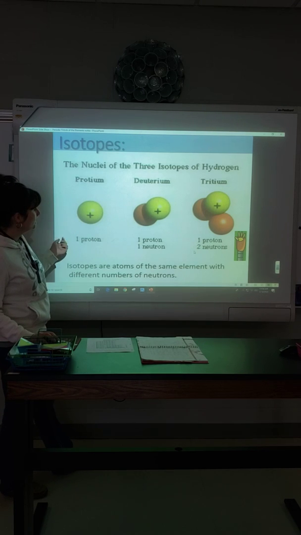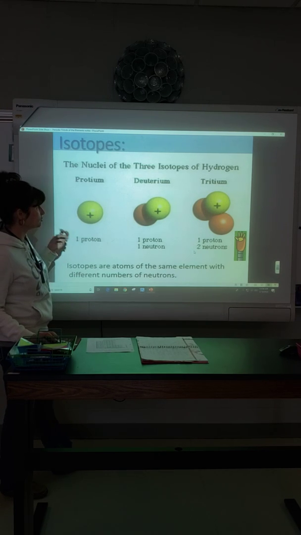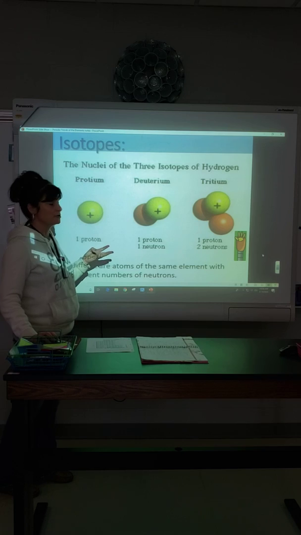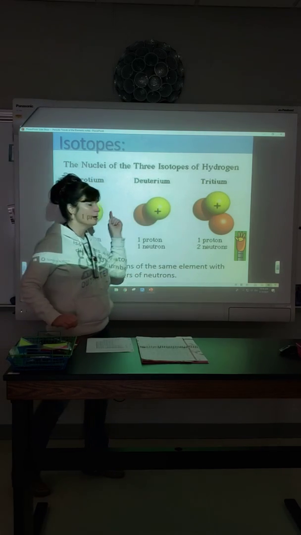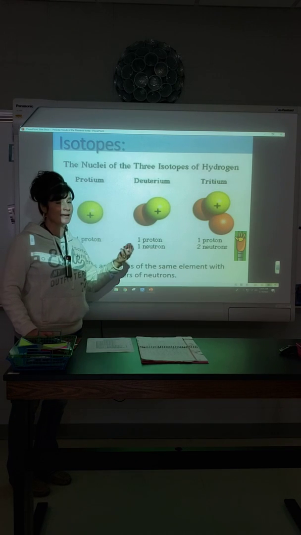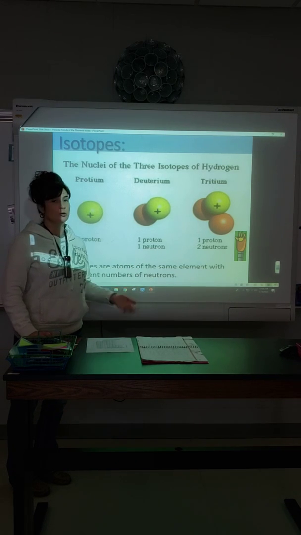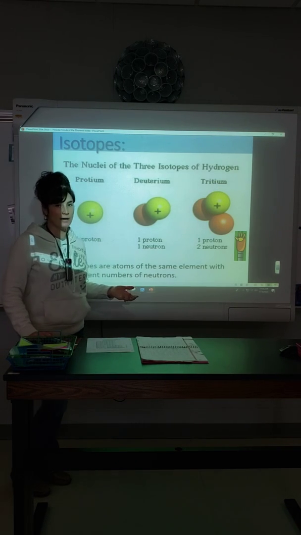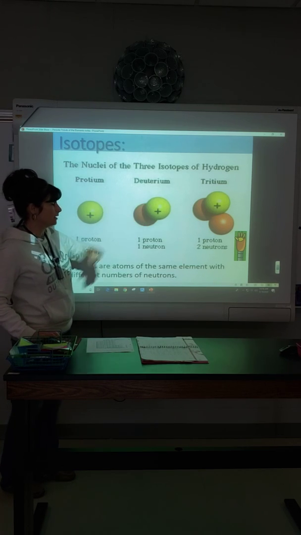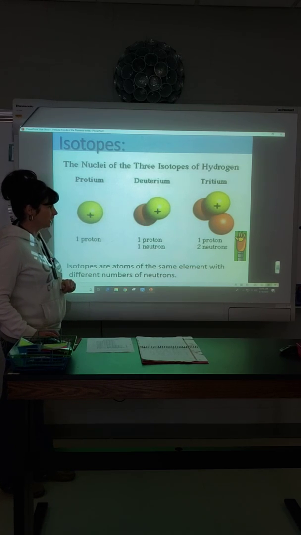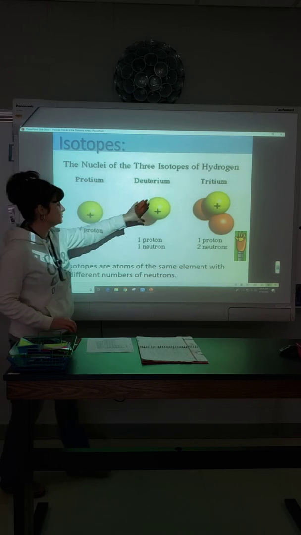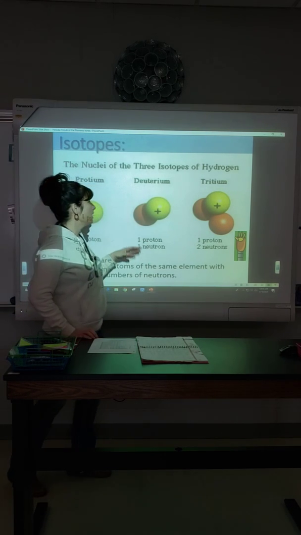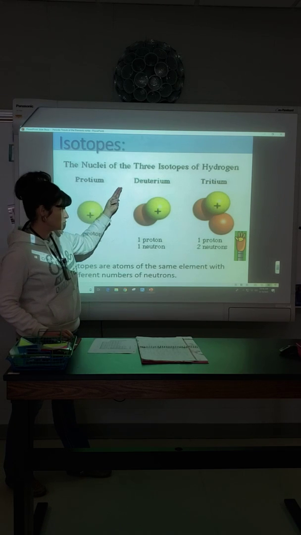Okay, so here is hydrogen. There are 3 actual isotopes for hydrogen. They all have 1 proton, which you see here, right? Because that's what makes it hydrogen. If you had anything other than 1 proton, you would have helium or lithium or some other element. But because there's 1 proton, you have hydrogen for sure. And so these are called protium, deuterium, and then tritium. Deu meaning like 2, right?